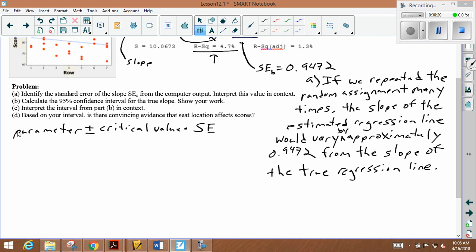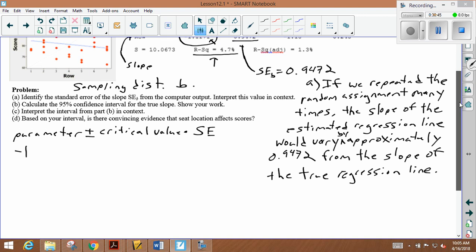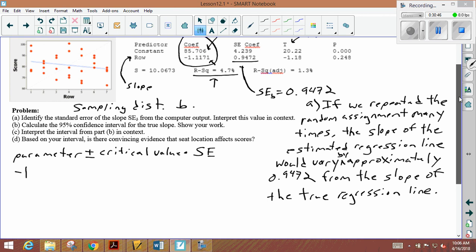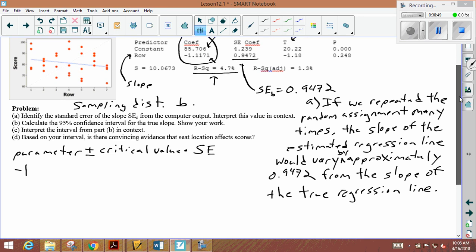So we're going on slope, and remember, we're looking at the sampling distribution of b. What's b? It's our slope, negative 1.1171.